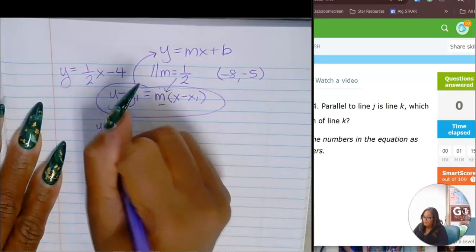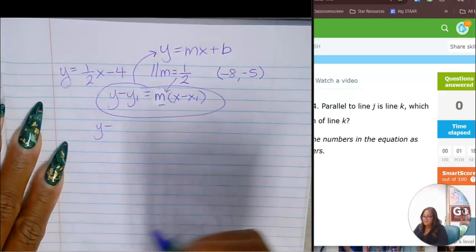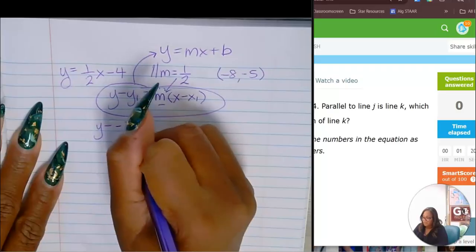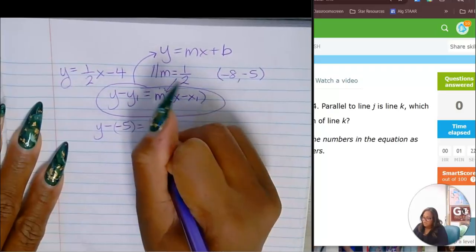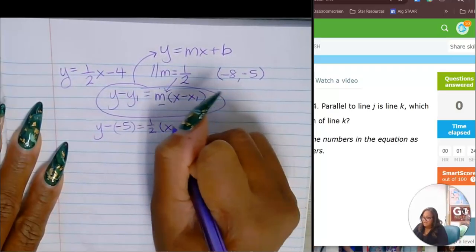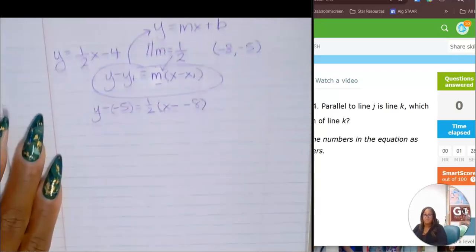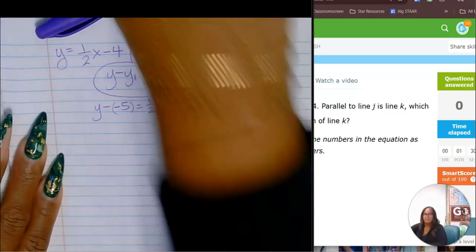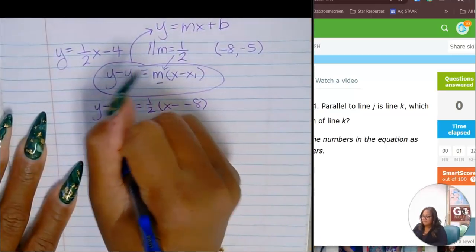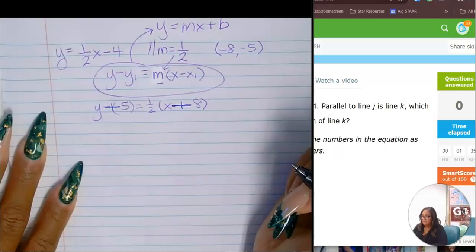So I'm going to say y minus my y1, which is -5, equals 1/2 times x minus -8. So then I'm going to simplify, turn my double negatives into a plus sign.